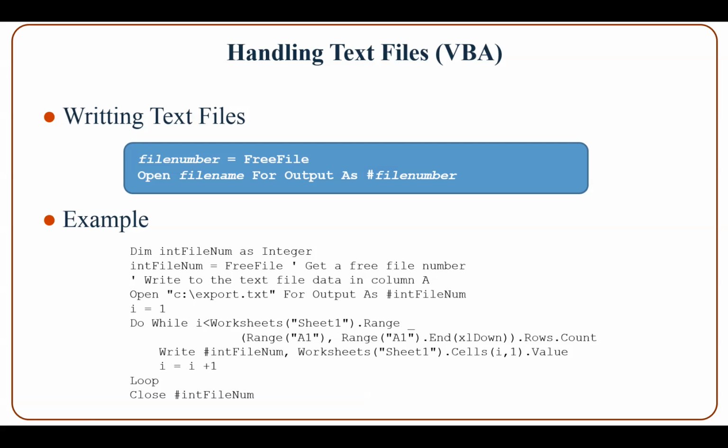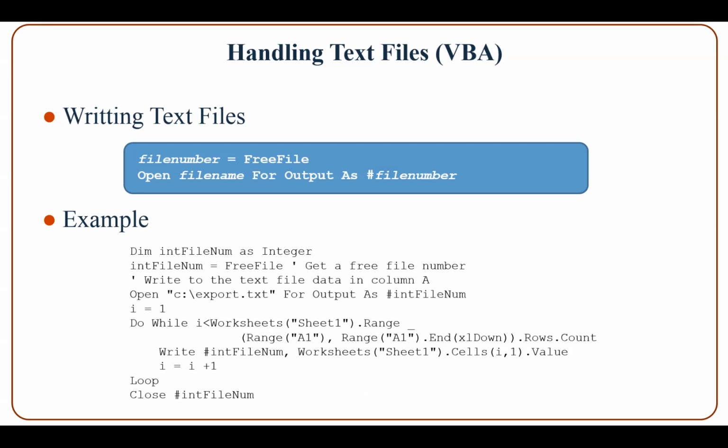Let's look at this example. You open this file, export.txt, for output, meaning to write to the file with that given file number, and then you want to write the content of sheet 1 to the file.